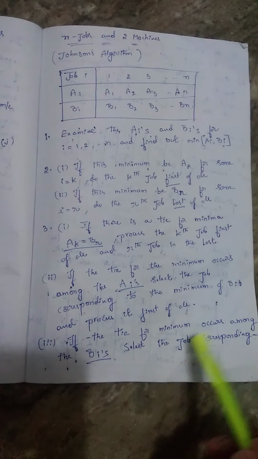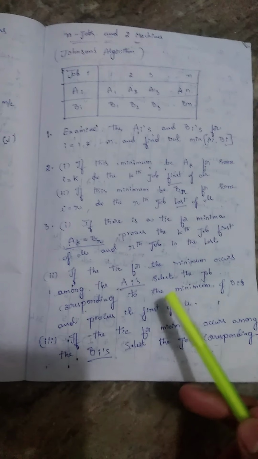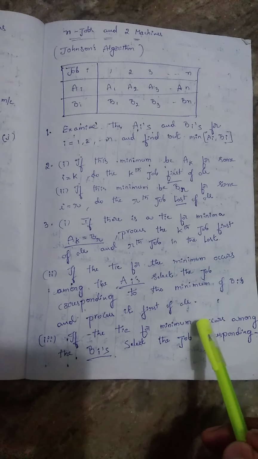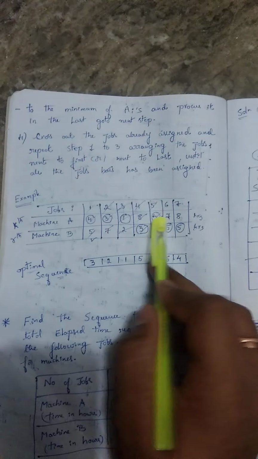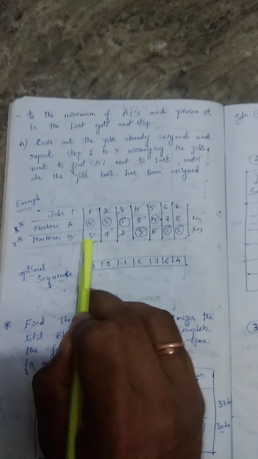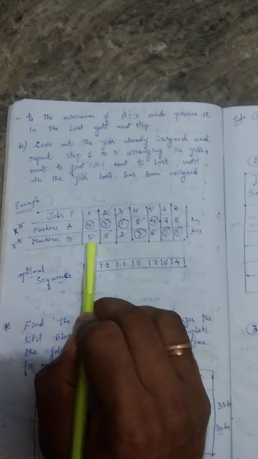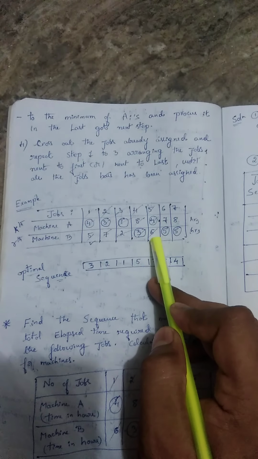Comparing with the B elements, the A working hours are common. Then we go with the B working hours and process it first of all. Here 4 is common, here also 4 is common. Comparing with B, 4 working hours has 5, and here it has 6.